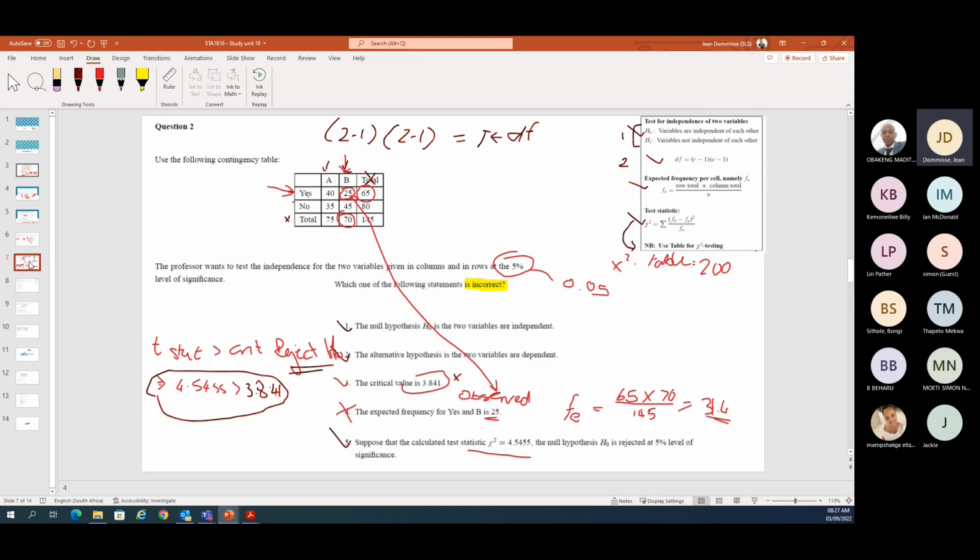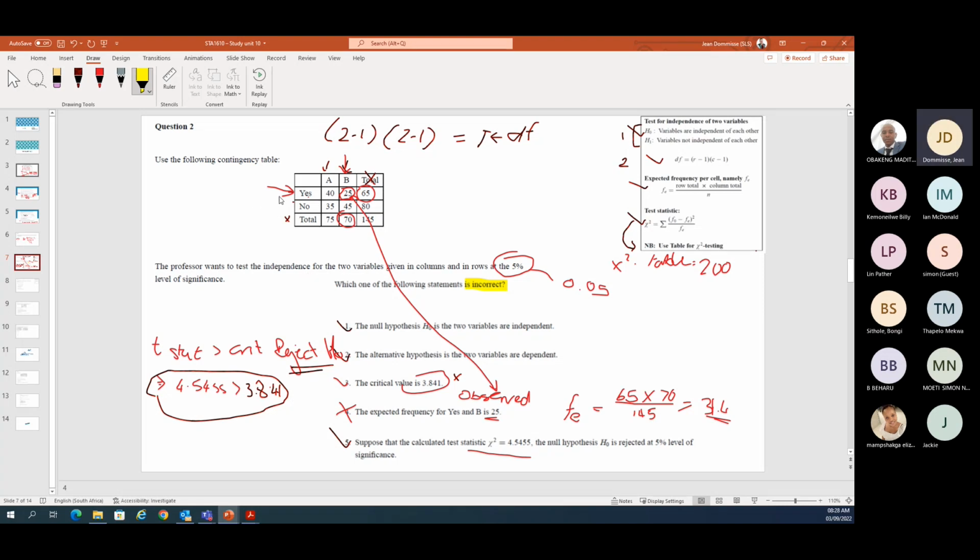Yes, there's a question. Hi, John. Just to confirm, if you look at the row total of that 65, that includes the A value. So it's 40 plus 25, 65. And the column total will only be the B values. Yes. Okay. So think back to when we did probabilities early in the year.